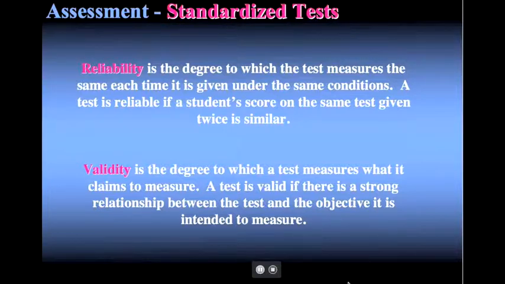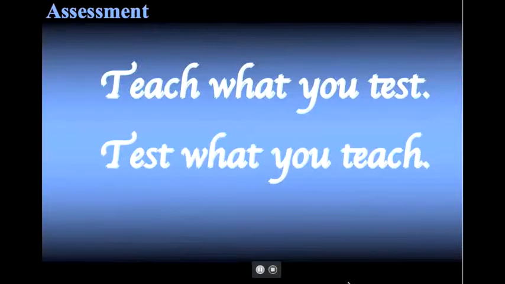Validity is the degree to which the test measures what it claims to measure, and it's valid if there's a strong relationship between the test and the objective that was intended to be measured. So validity and reliability are important when you analyze, is this test going to be good for my kids?